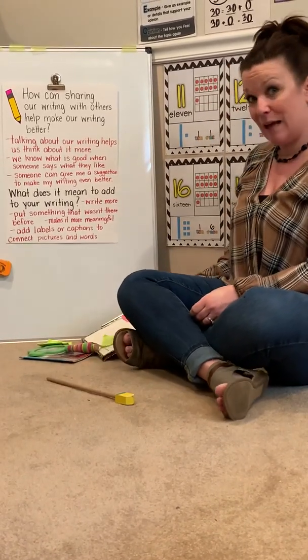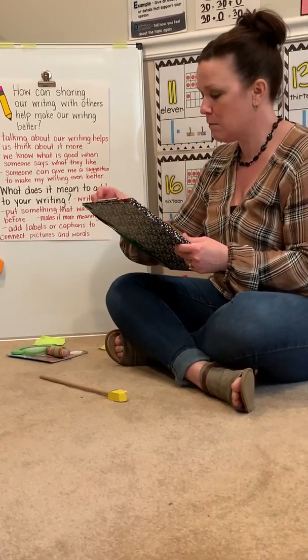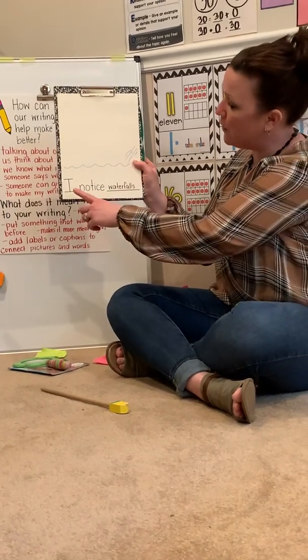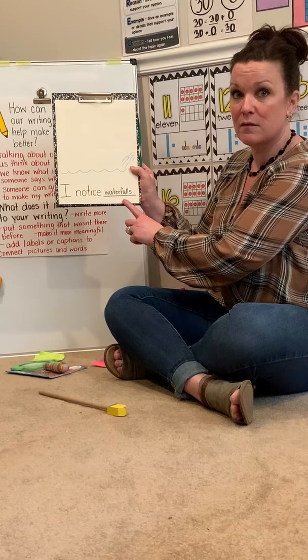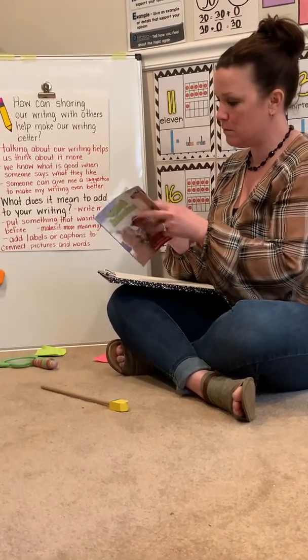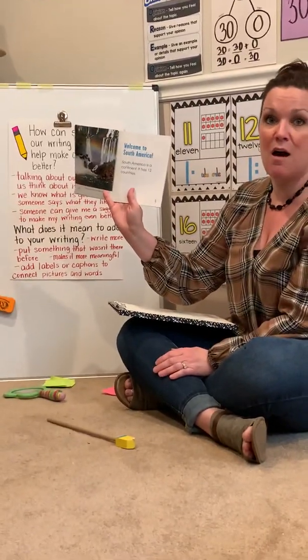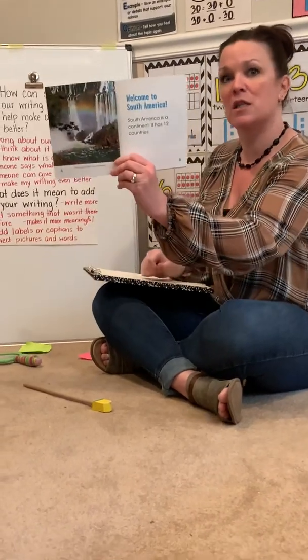So I did a little sample lesson for us, a sample writing. And here's my writing. I wrote, I notice waterfalls, from yesterday's reading of the text. Let's zoom in on this picture.